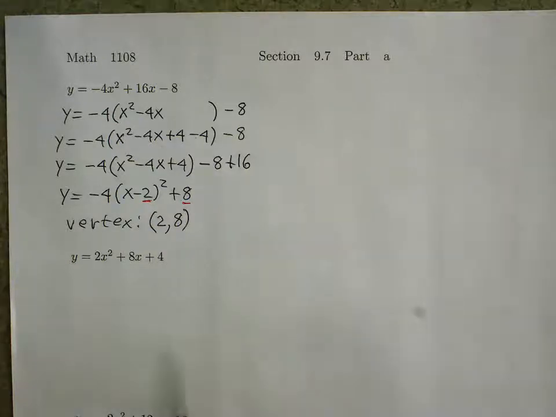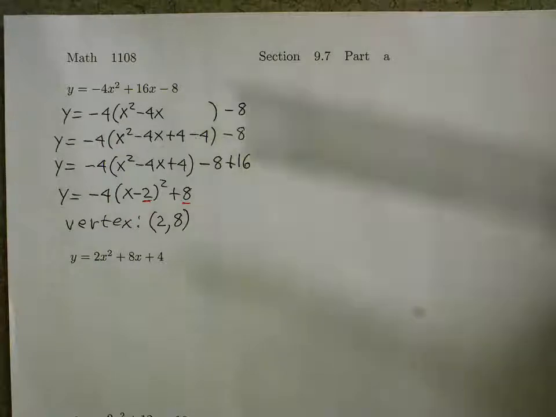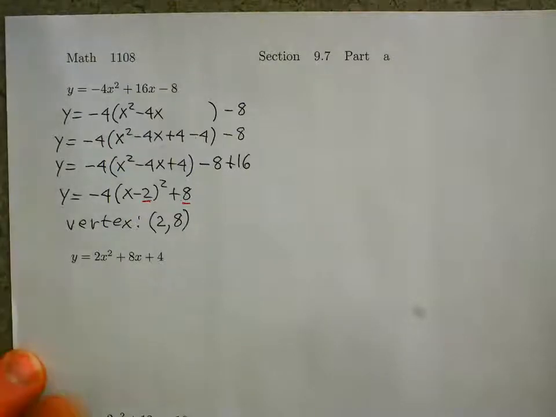Hey, the vertex 2, 8, that's above the x-axis. The parabola opens downward, so that means the parabola has to cross the x-axis twice or in 2 different places. So there are 2 x-intercepts.